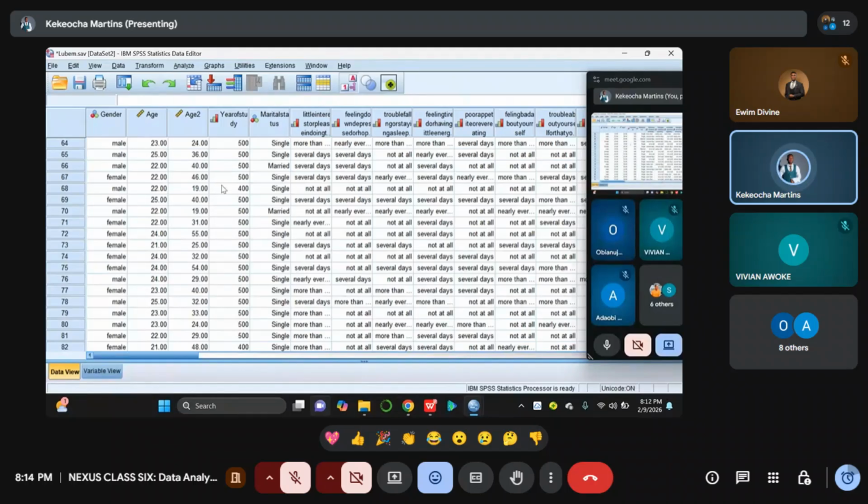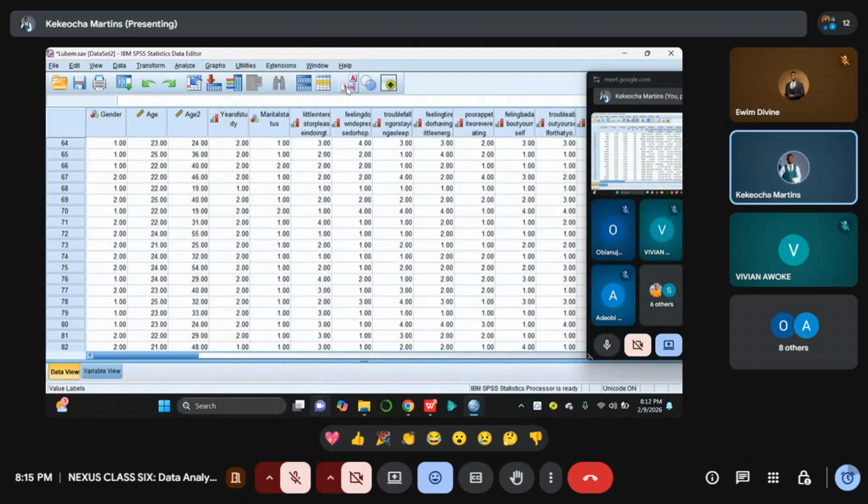Then going back to the data view, you can switch what you are seeing here between numbers and words. You can toggle between these. A means you want it to be in words, 1 means you want them to be in numbers. When I was working on this data set, I used numbers, so this was what it looked like initially.